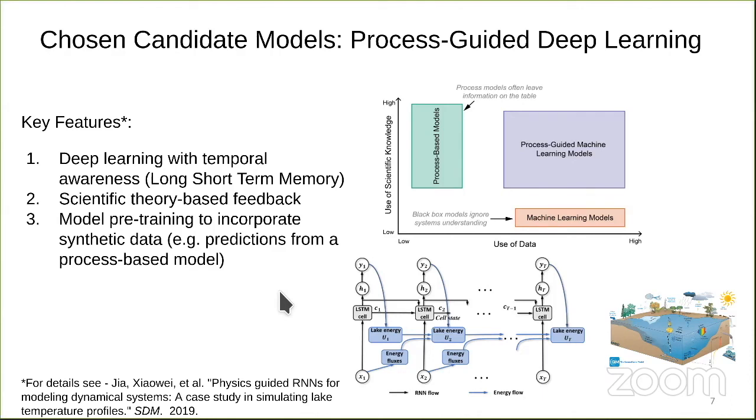These have been shown to outperform process-based models in many situations, and also outperform data-driven models like deep learning that have no knowledge of the underlying physics. So that's why we choose them as our candidate models, as source models that would be transferred to target systems for prediction.